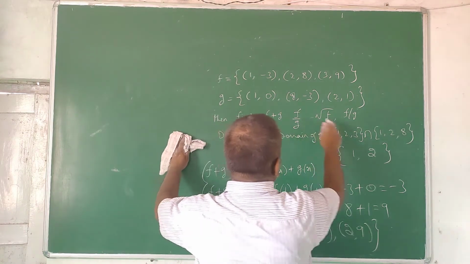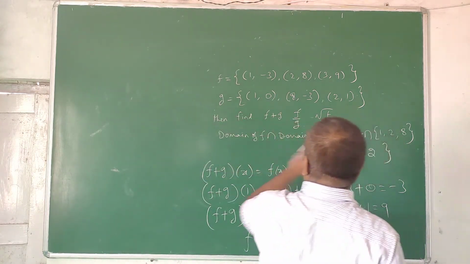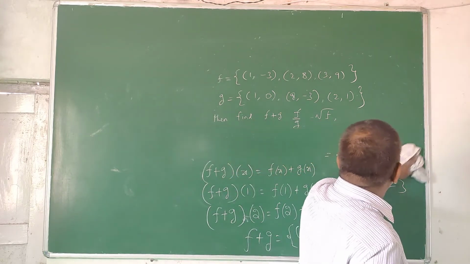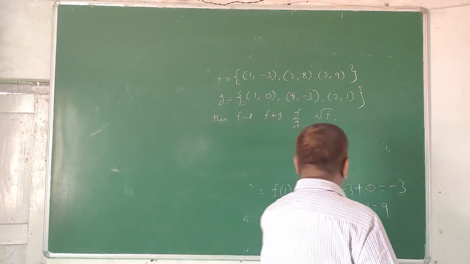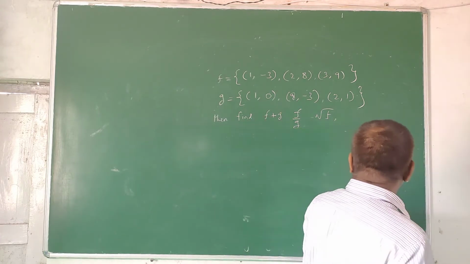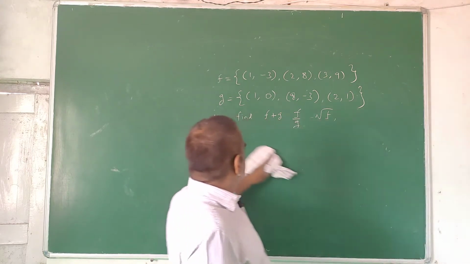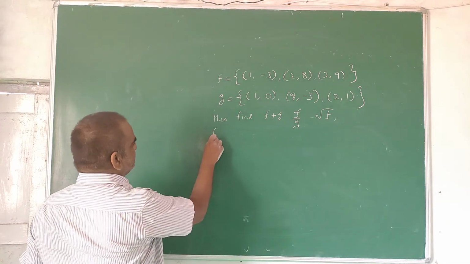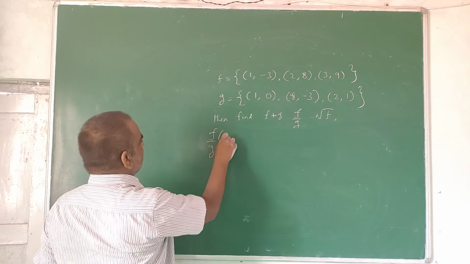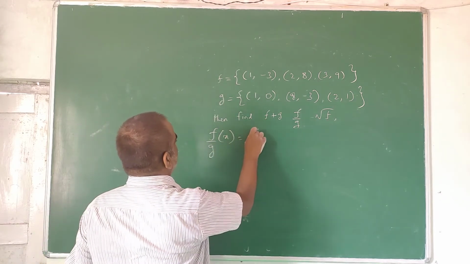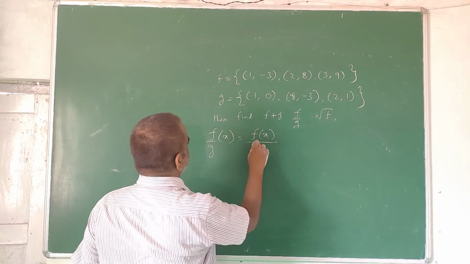So f by g we have not done yet. So next question, f by g. f by g of x is equal to f of x by g of x.